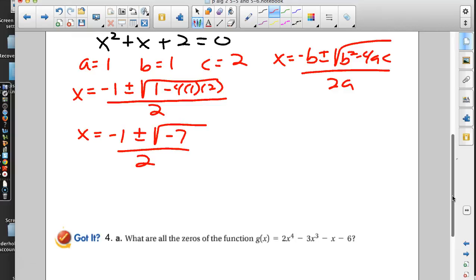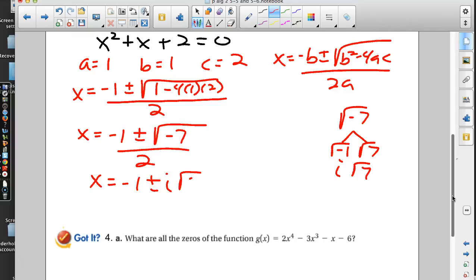I'm pretty sure we can't leave that. What do we have to do? So x equals -1 plus or minus i square root of 7 over 2.